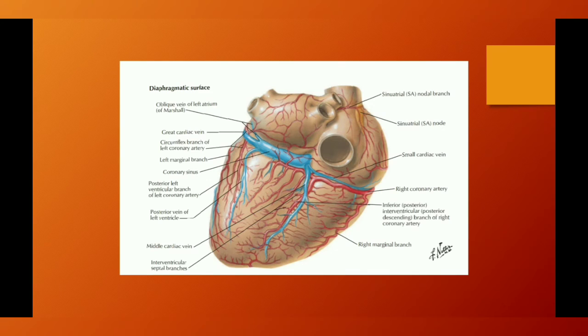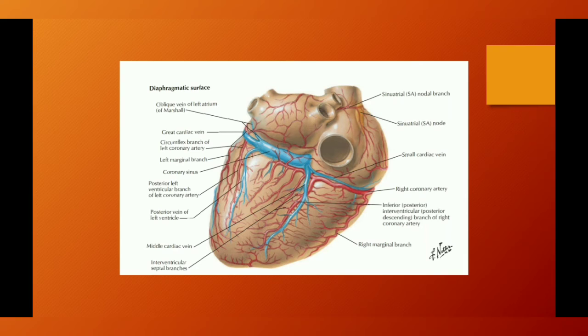The diaphragmatic surface is formed 1/3 by the right ventricle and 2/3 by the left ventricle. It is formed by the right and left ventricles. How? 1/3 by the right ventricle and 2/3 by the left ventricle. Right? So it is a flat surface that rests on the diaphragm. So you can understand why the surface is called the diaphragmatic surface.